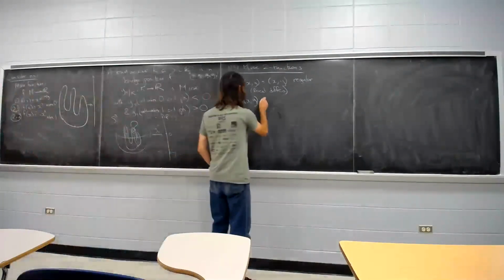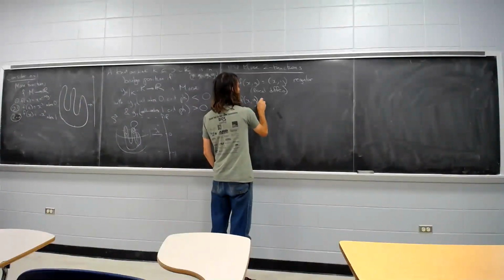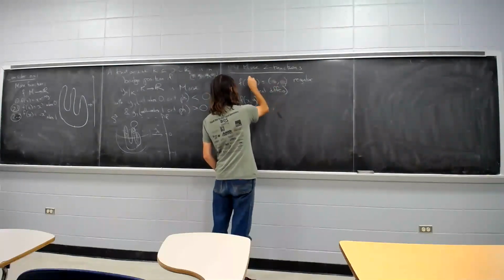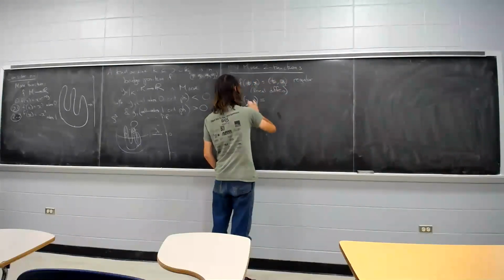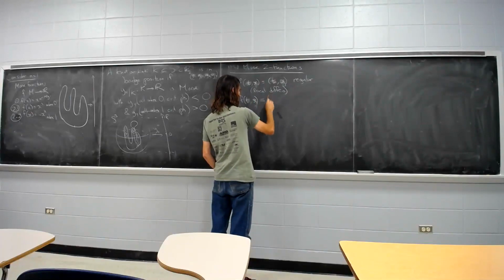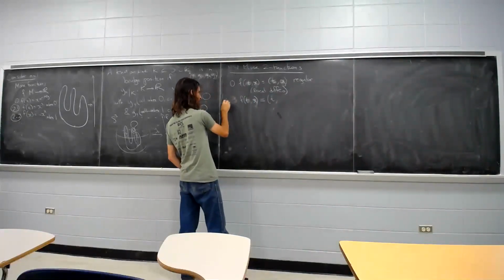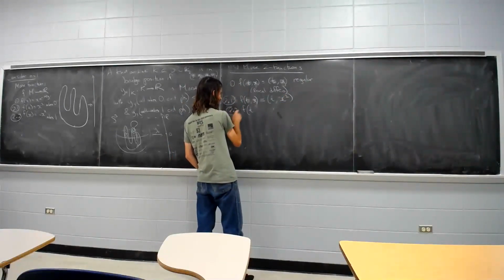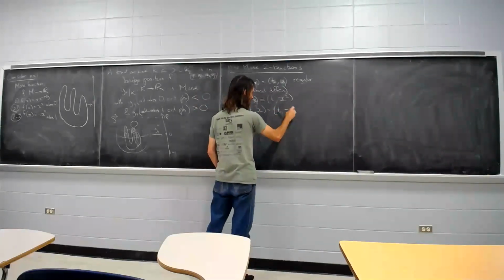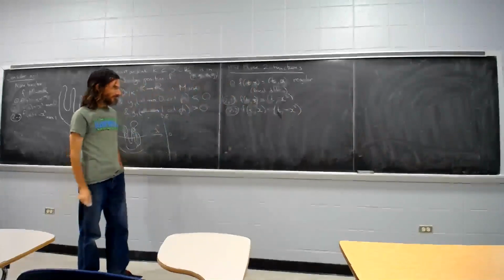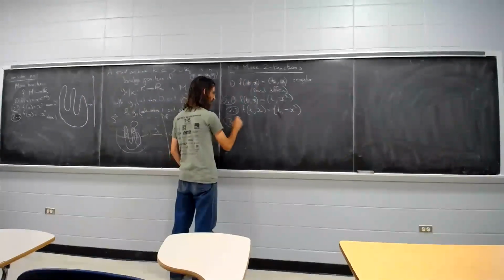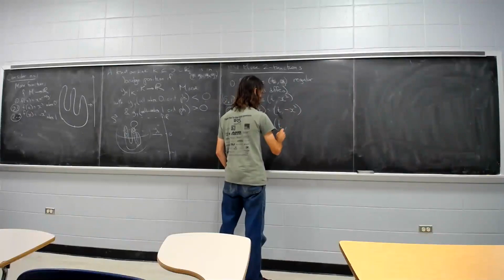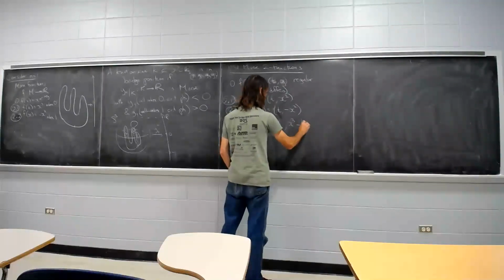So f of x, y is supposed to be, in case 2.1, t comma minus x squared, and in 2.2, t comma plus x squared. And then there's a 3: f of t, x equals t comma x cubed minus tx.